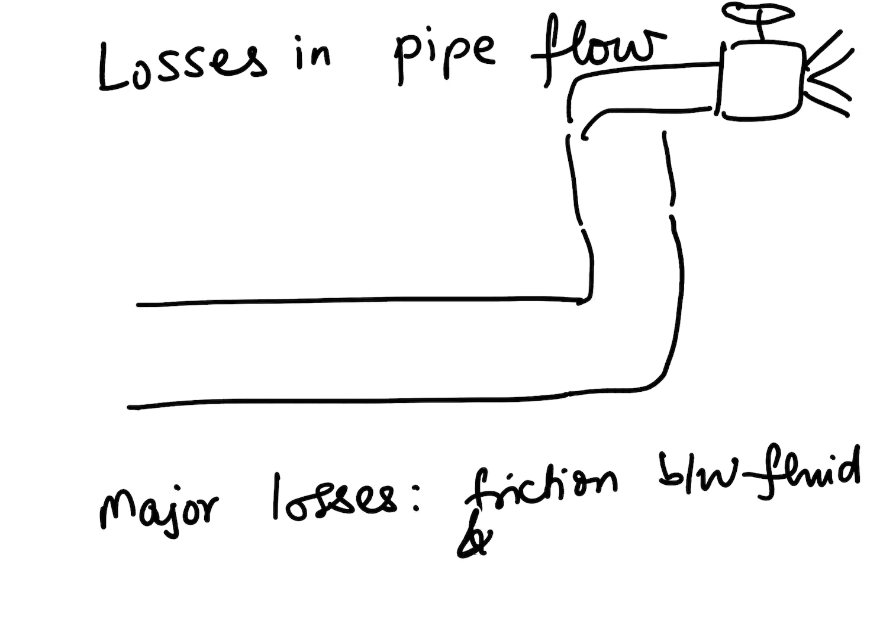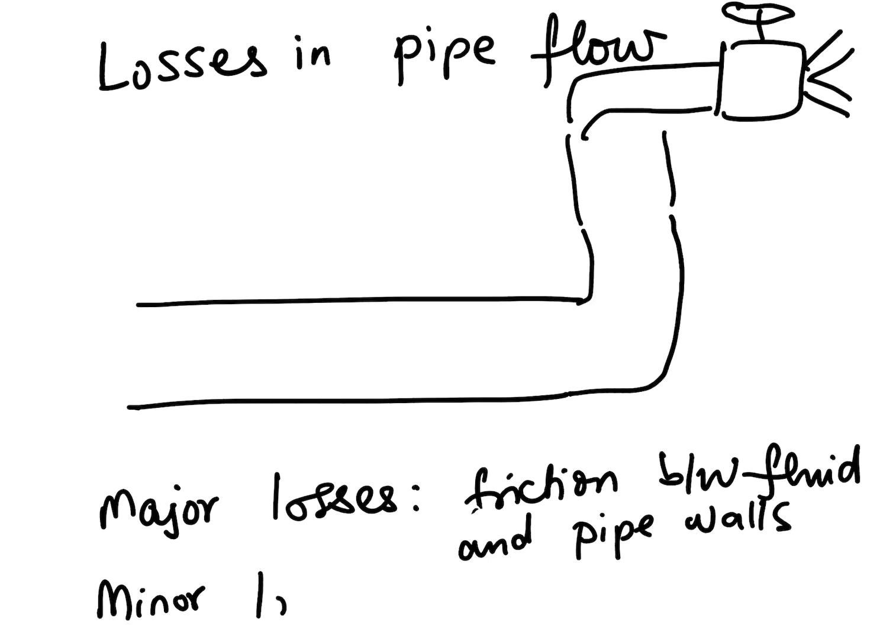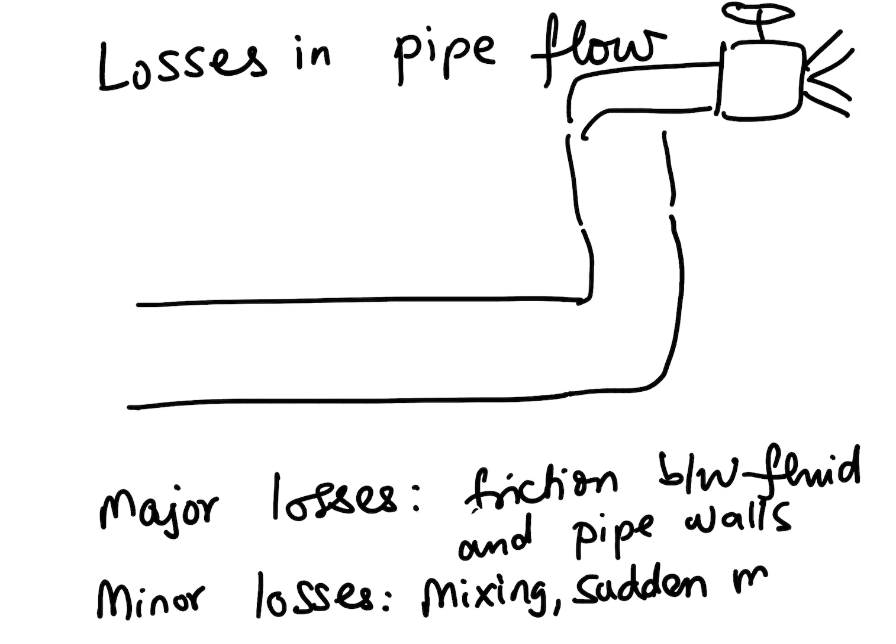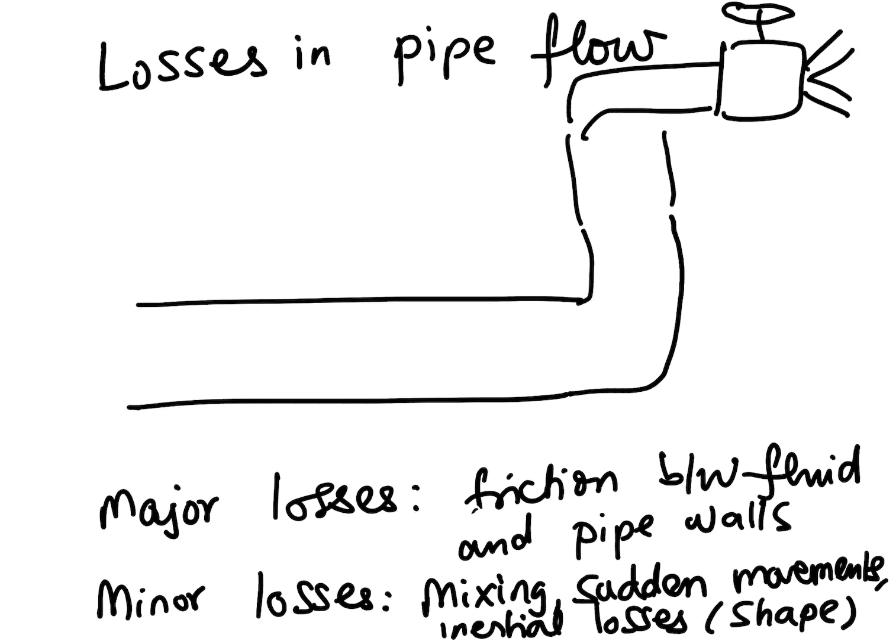And then we also call one type of losses as minor losses, that are related to mixing, sudden expansion or contraction, sudden movements, and inertial losses, or losses due to shape of the structure. So we are going to look at both these types of losses.